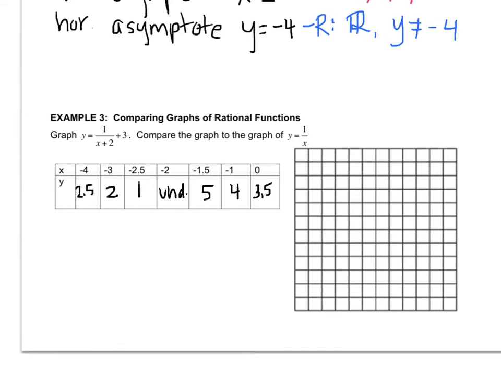All right, when you're ready, graph the values. -2 is an asymptote, so I'm just going to make my dashed line going down it, so I know I'm not allowed to touch that line. And now I'll connect.